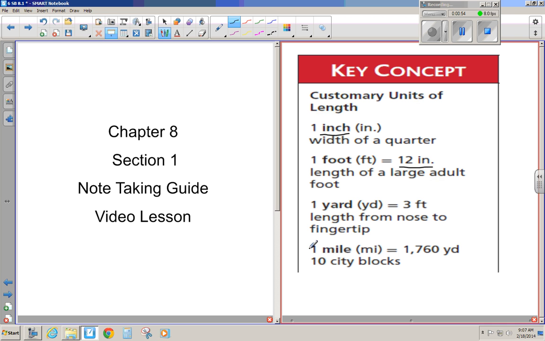1 yard is equal to 3 feet, which is equal to 36 inches. It's the length from the nose to fingertip. That's like the average. You could also say that 1 yard is about 1 large step.